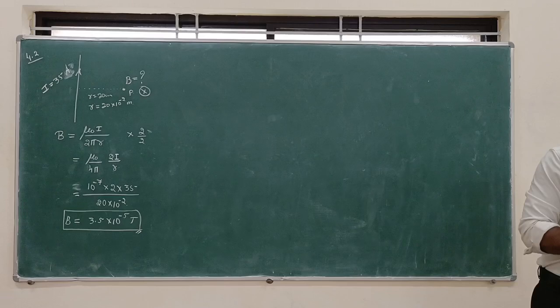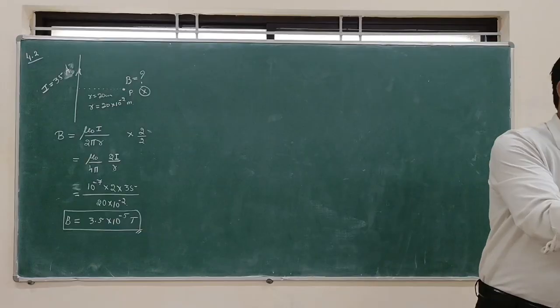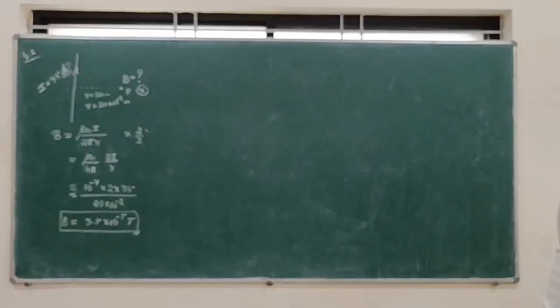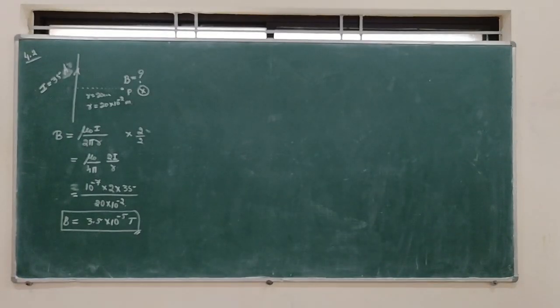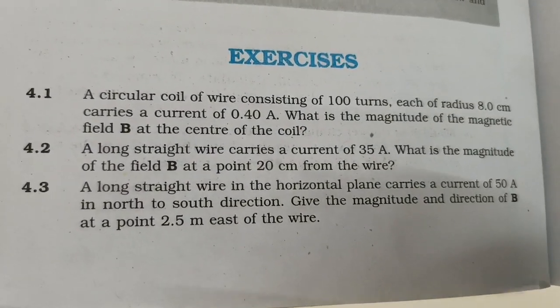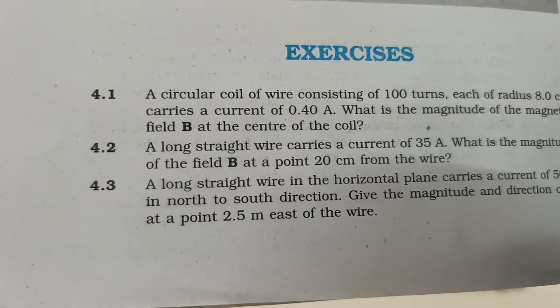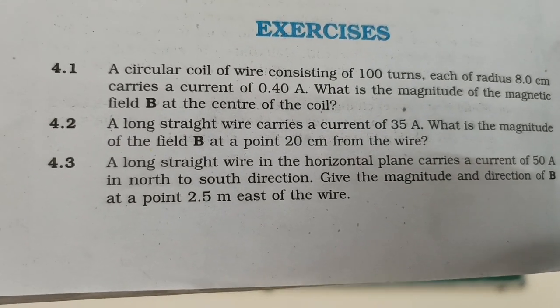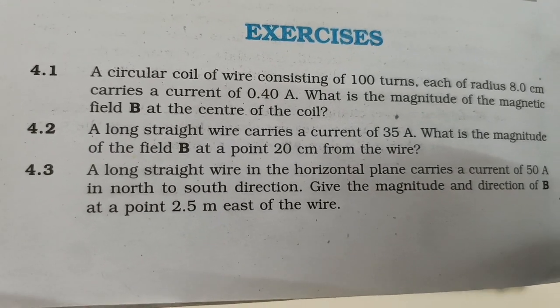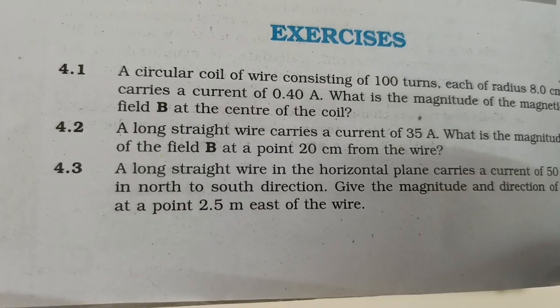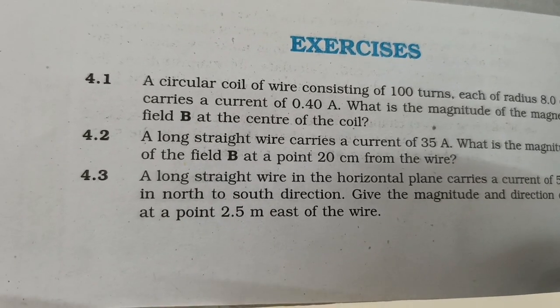Next, 4.3. The problem is a long straight wire in the horizontal plane carries a current of 50 ampere in a north to south direction.